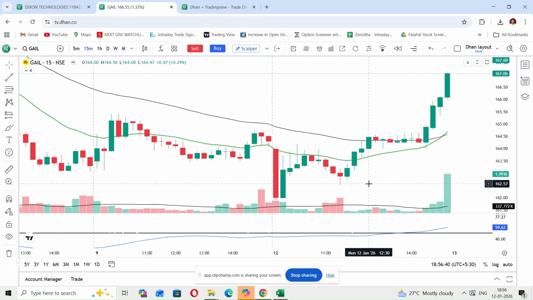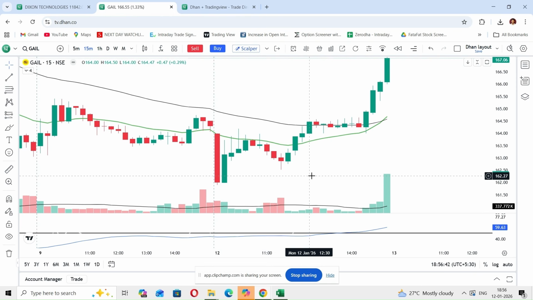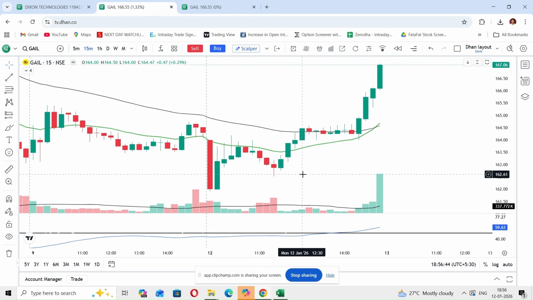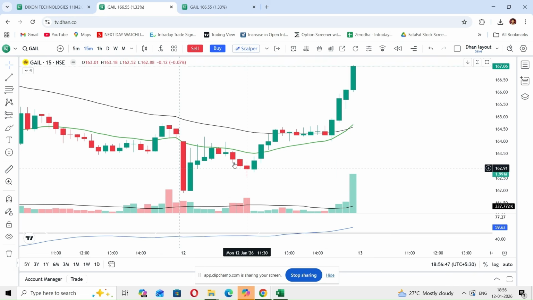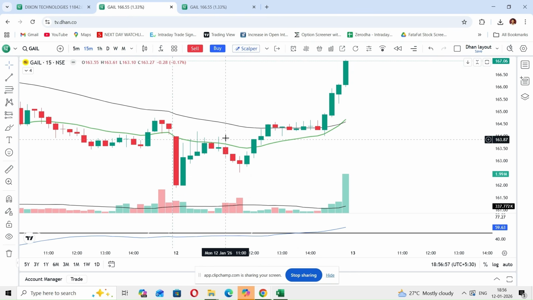So here it is okay. Whatever I have written on the chart is not visible, that is perfectly fine. Here I have taken a trade at the low of this candle. Again, if you see, my stop loss was above the high of the three candles. Then this stock also reversed and closed above the 20 MA.